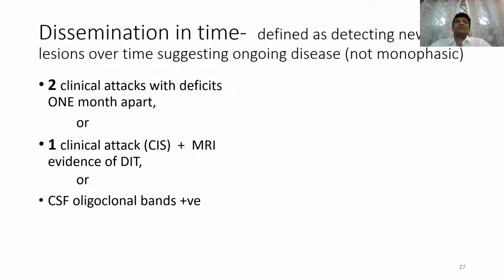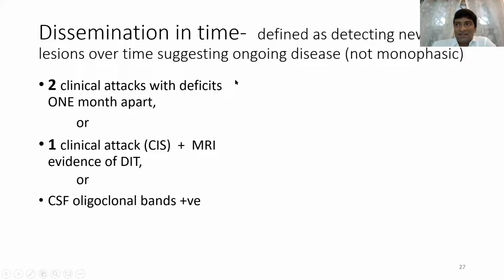Okay, so apart from dissemination in space, the second criteria required to be proved is dissemination in time. And this is defined as detecting new lesions over time to suggest a chronic ongoing disease process. Why this is important is because many diseases like ADEM or some of the even MOG syndromes may be monophasic and not progressive. So it's important to prove that the patient has an ongoing disease process.